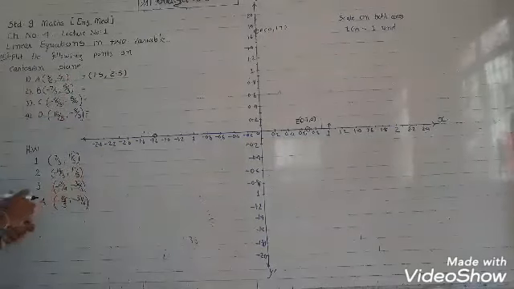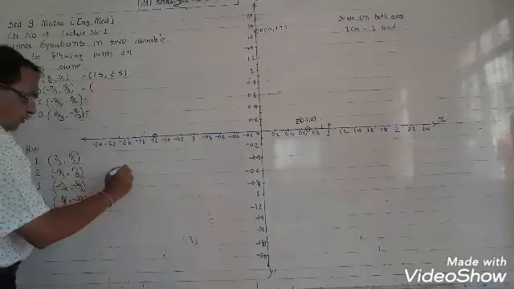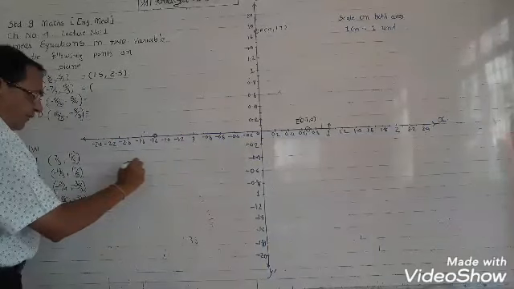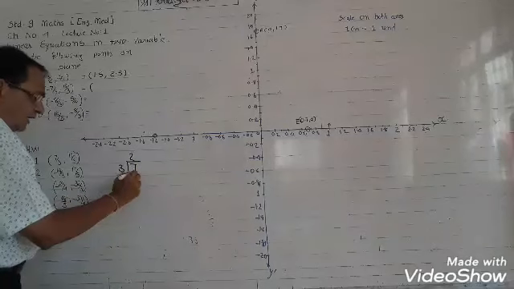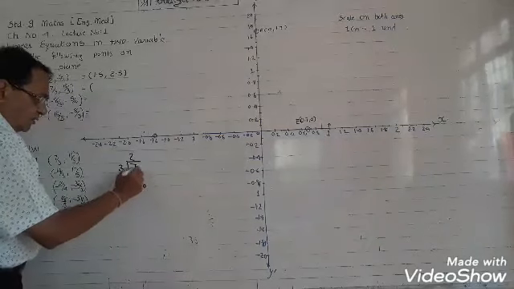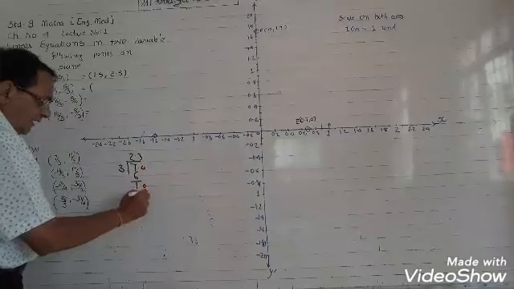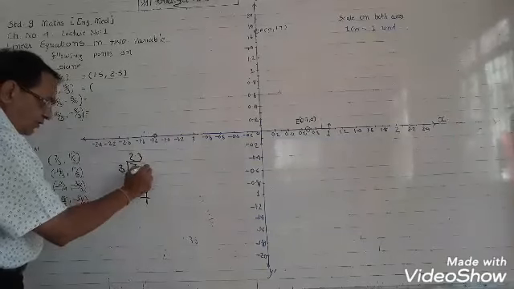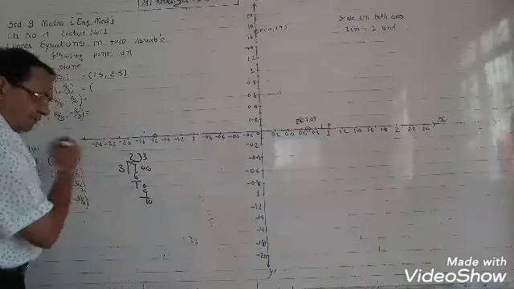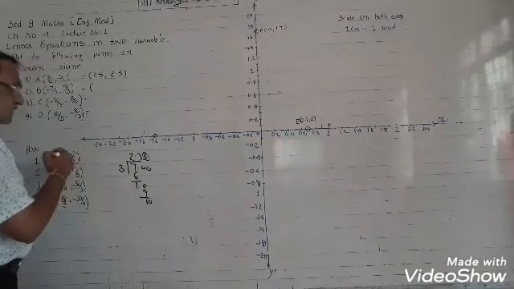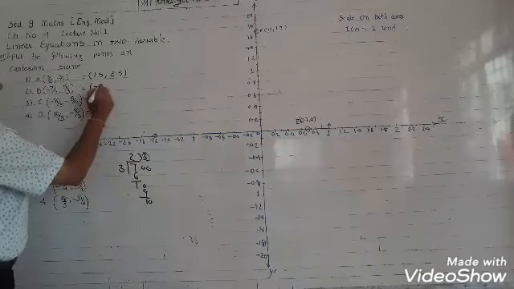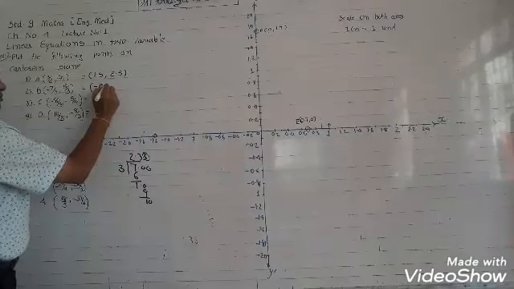Second, minus 7 upon 3. 7 divided by 3: 2 threes are 6. 1 0, 3 threes are 9. One more will be there. We will go only up to 2 digits. It is less than 3, so I will take minus 2.3.